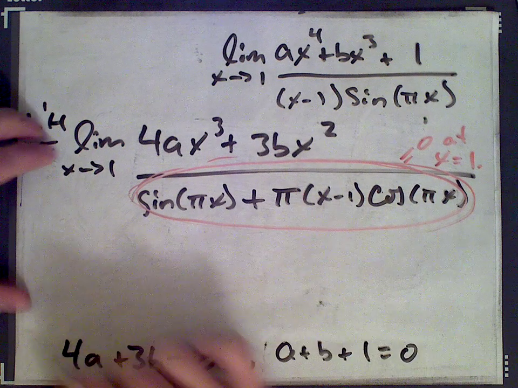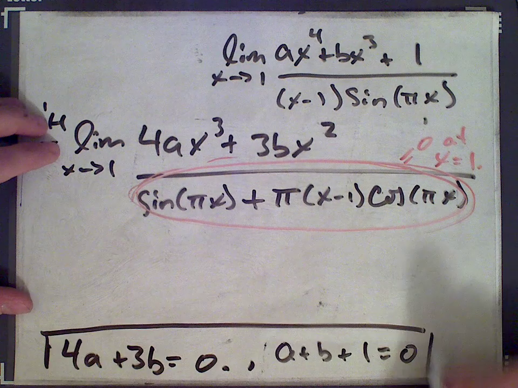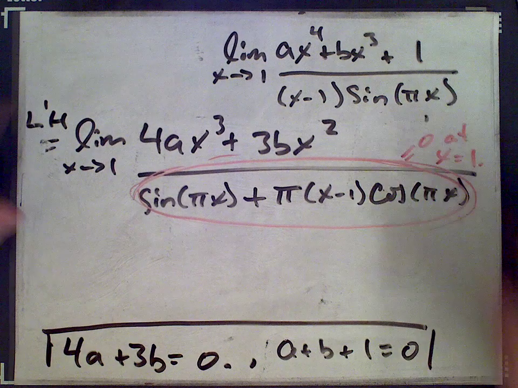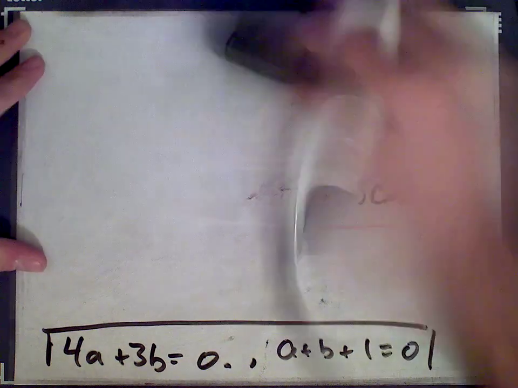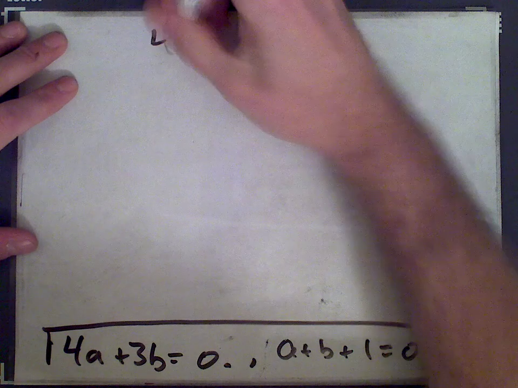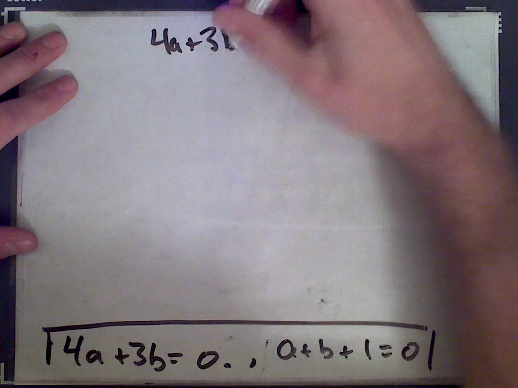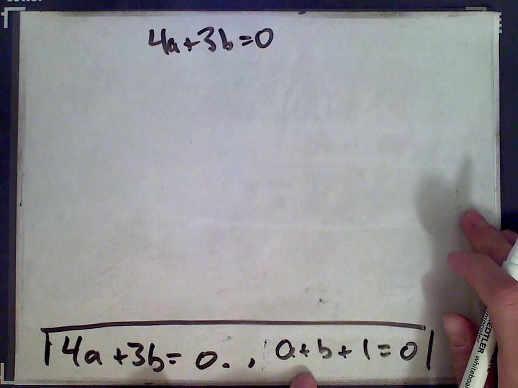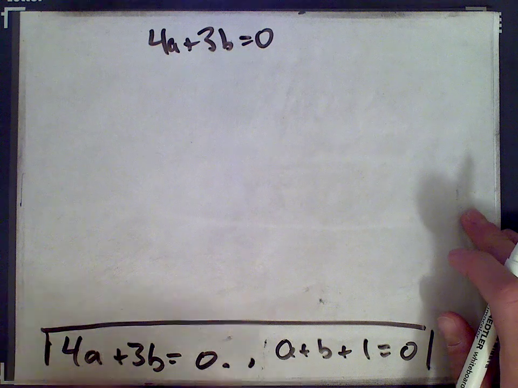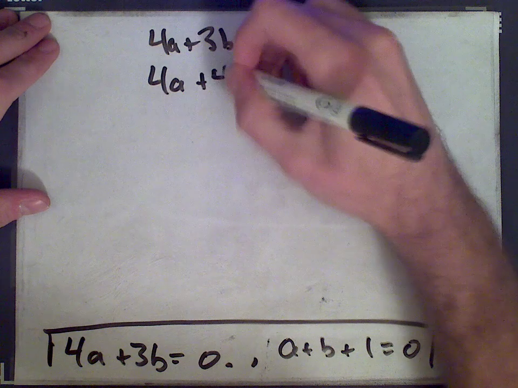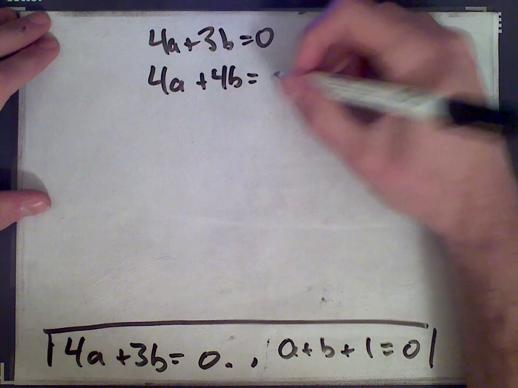Which means we can solve for a and b. We have two equations with the two unknowns a and b. Up here we have 4a plus 3b is 0. Then I'm going to rearrange the second equation and multiply it by 4, so we get 4a plus 4b is negative 4.